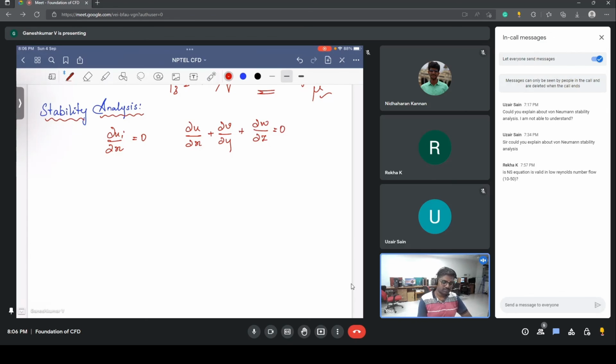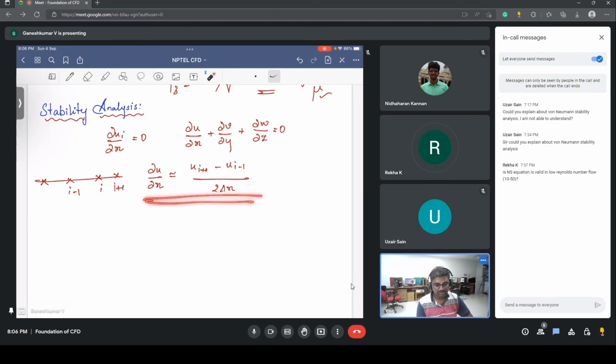What we usually do in discretization is approximate each and every derivative. ∂u/∂x: we will have a grid like this, i+1, i-1, and we write (u_{i+1} - u_{i-1}) divided by 2Δx. All these things we do, right? So we do discretization, because we cannot solve a partial differential equation directly.